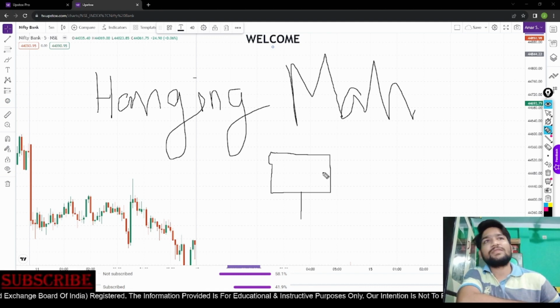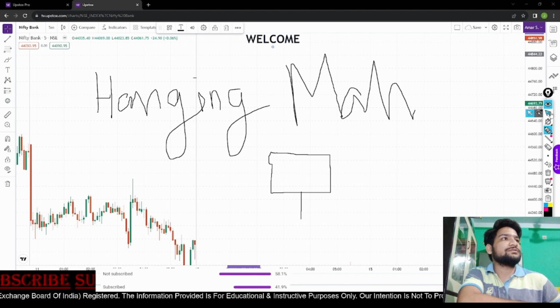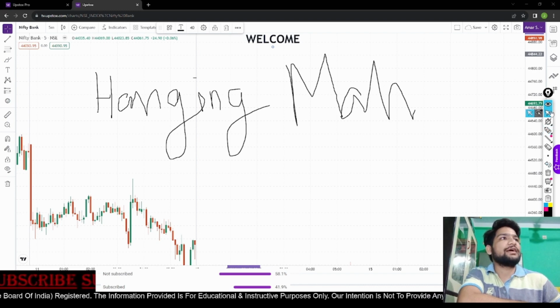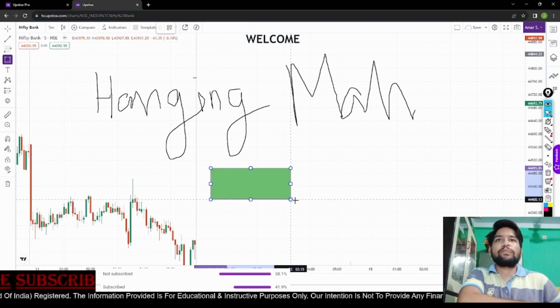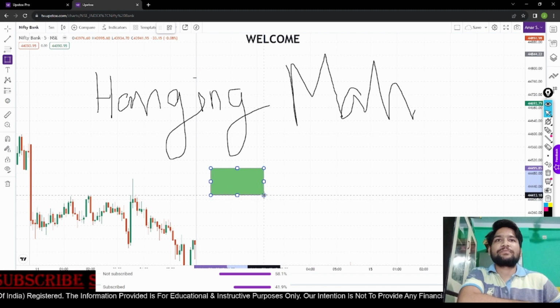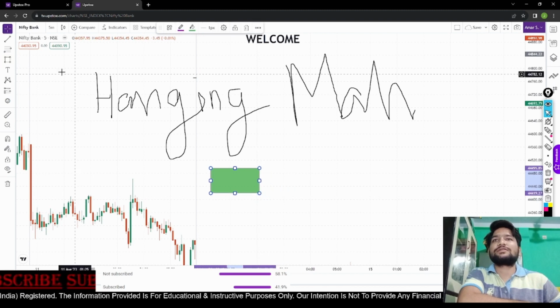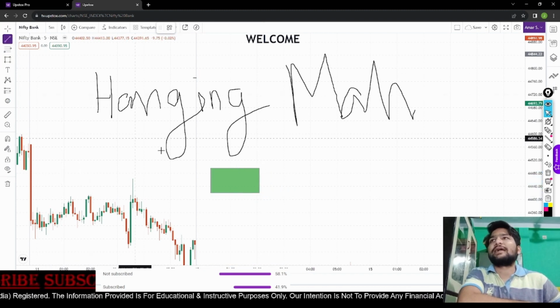I would like to draw it more properly with the help of rectangles and a bar below it. Yes, that's how you will see a candle like this.